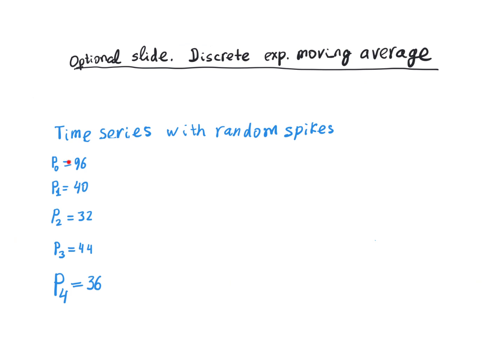Suppose you have a time series. For instance, suppose you recorded stock prices at the discrete time moments, t equals 0, 1, 2, 3, 4, and so on. Now, suppose we want to analyze the trend. Note that the series shows some random spikes and rapid oscillations.